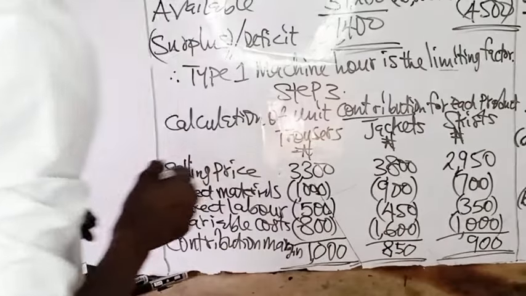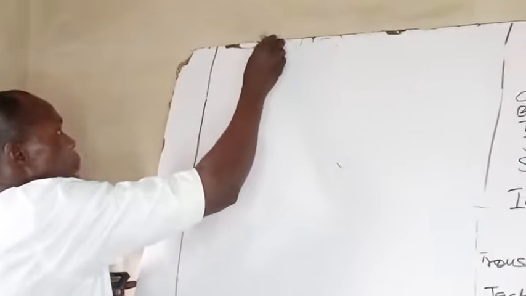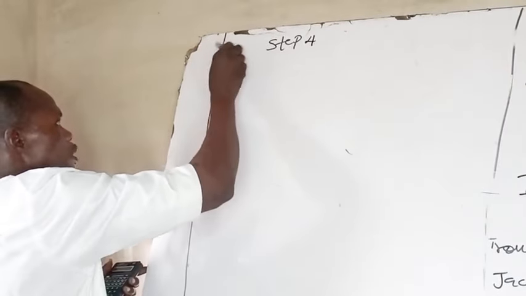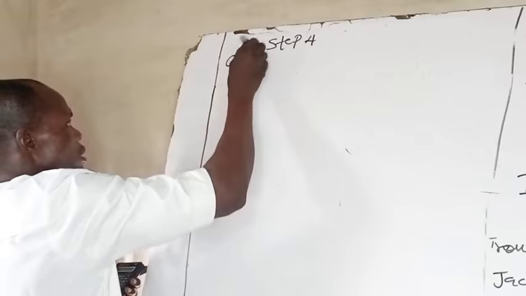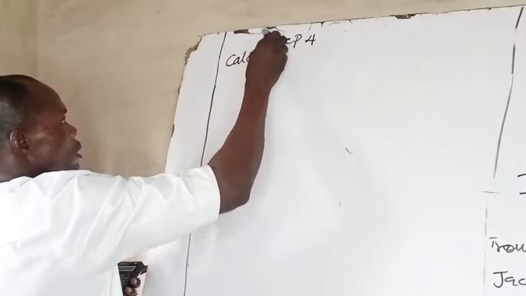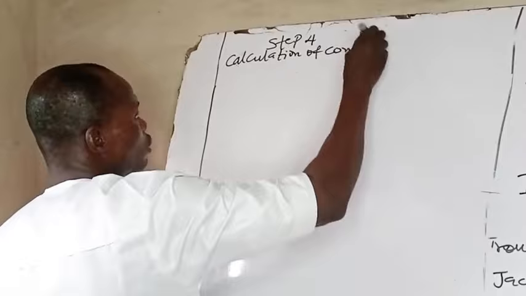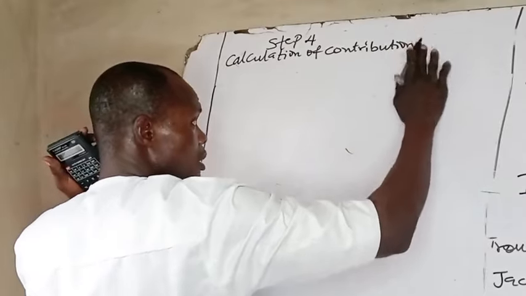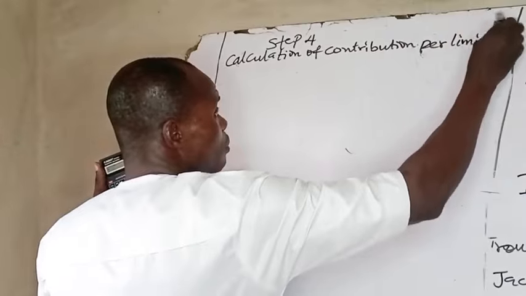The next step, step 4, we compute contribution per limiting factor. Calculation of contribution per limiting factor.